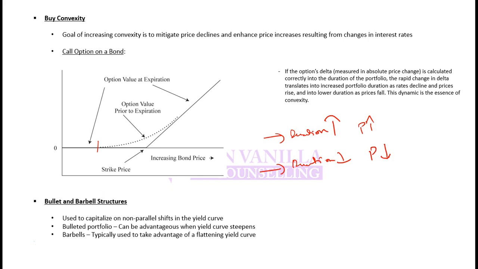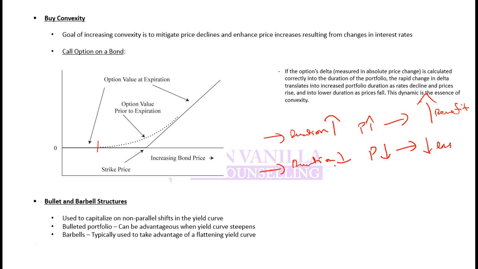Any confusion on this point? Moving forward, this means that if there is an increase in price, that is, if interest rates or yields are decreasing and price is increasing, your benefit will be higher. Why? Because your duration is high. So the benefit will be higher compared to the normal or base case scenario. And if there is a decrease in price, your loss will be lower.